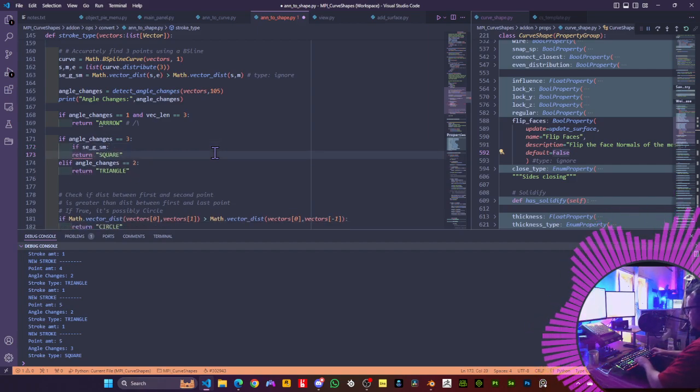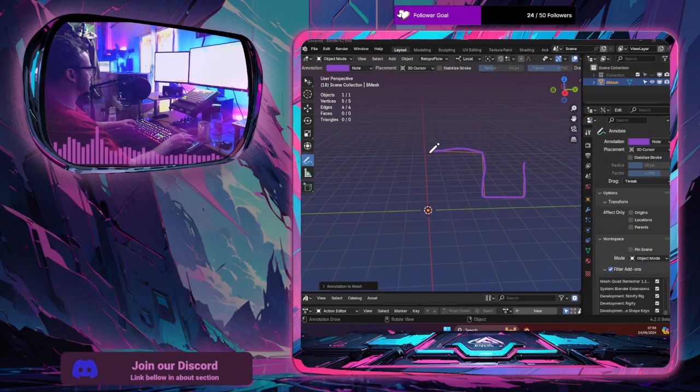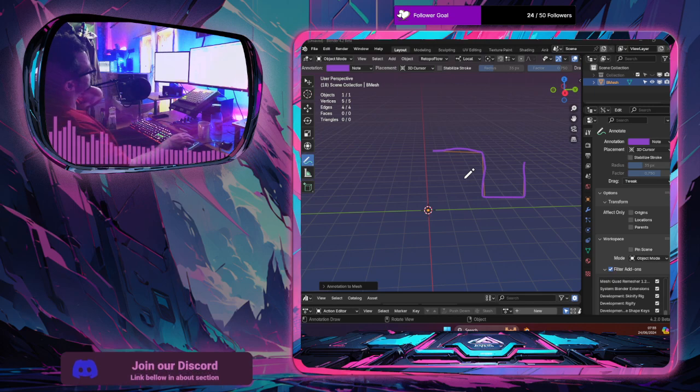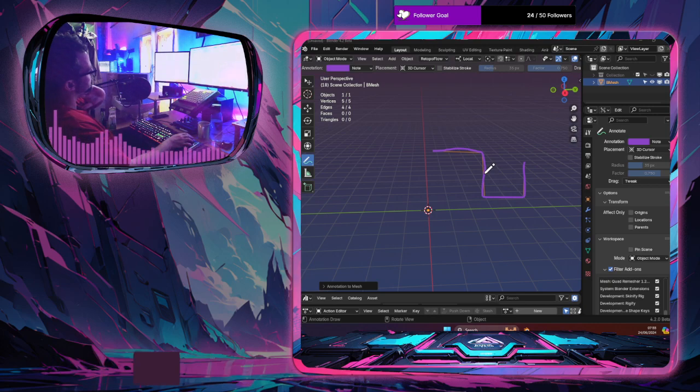If the start to end distance is bigger than start to middle, middle would be one of these two, actually. That might work.